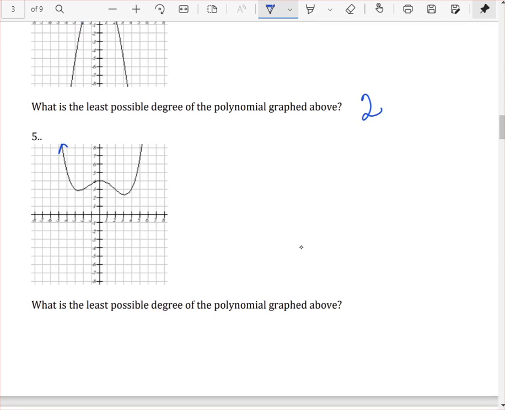This one, they're both going up, so we know it's going to be an even degree. It's not 2. Now we do have this little thing that means 2 zeros, and then these turning points here give you 2 more, so it would be 4.